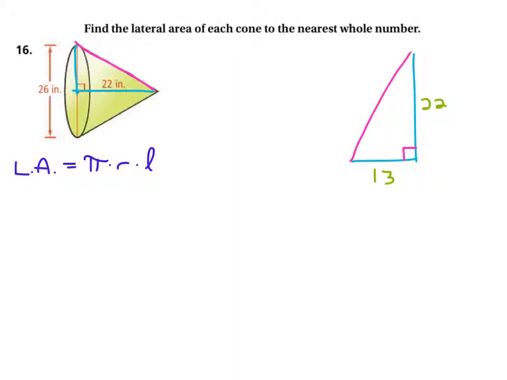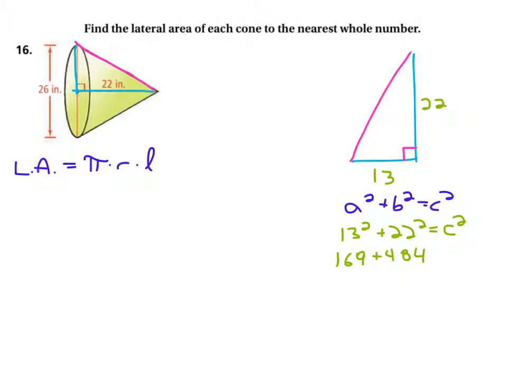Then we'll do the Pythagorean theorem: a squared plus b squared equals c squared, or 13 squared plus 22 squared equals c squared. 13 squared is 169, and 22 squared would be 484.